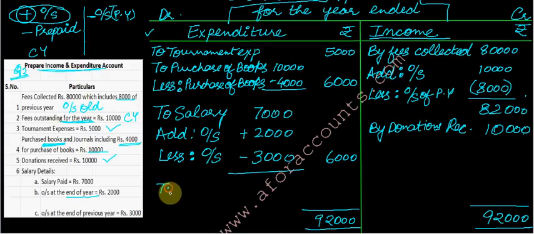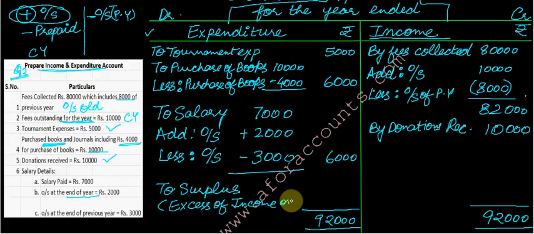So to surplus, that is excess of income over expenditure. Excess of income over expenditure, and it is 75,000, the balancing figure. Moving on to the next question.